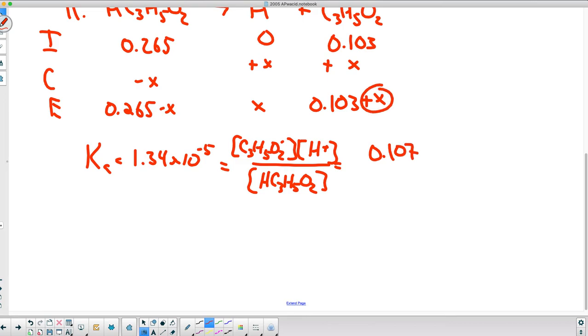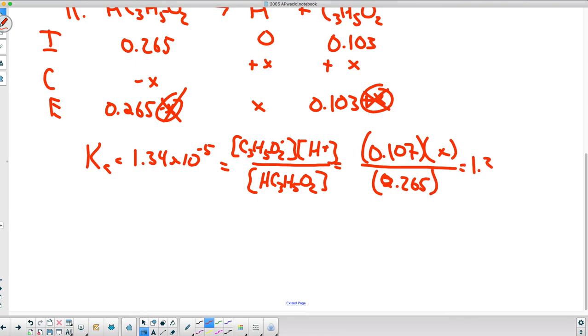You know what we can do with this. We can get rid of that times x, all divided by the 0.265. You know that we can get rid of that also. I love doing that. Times 10 to the negative 5th.